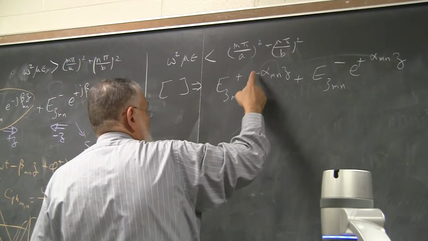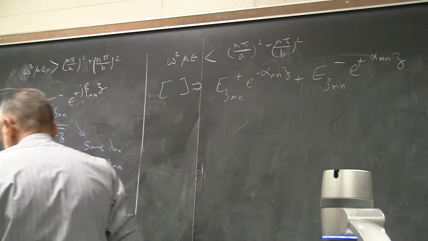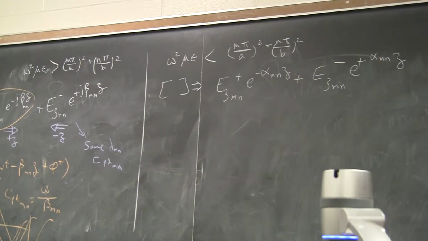Someone would say, actually, you should have the plus here and the minus here. It doesn't matter. I'll make it work perfectly. I'm just going to add a minus here.